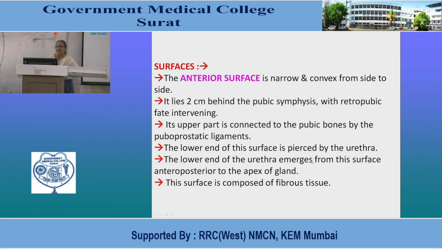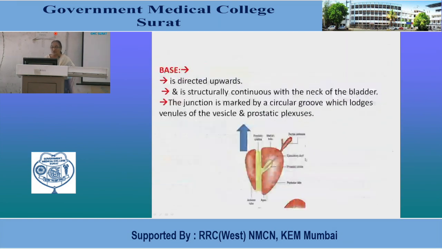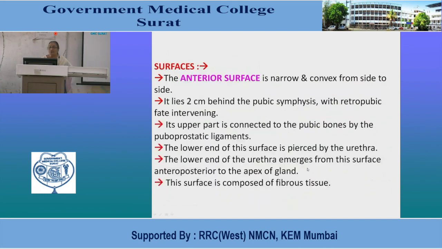The lower end of this anterior surface of the prostate gland is pierced by the urethra. Now, the urethra emerges from this surface, anterior to the apex of the gland, and this surface is composed of fibrous tissue.